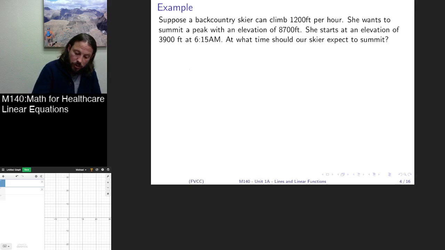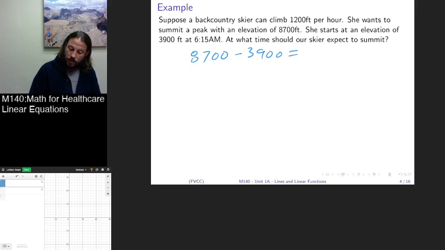Well, she wants to get to 8,700 feet, and she's starting at 3,900 feet, and that gives us 4,800 feet to reach the summit. Reasonable.